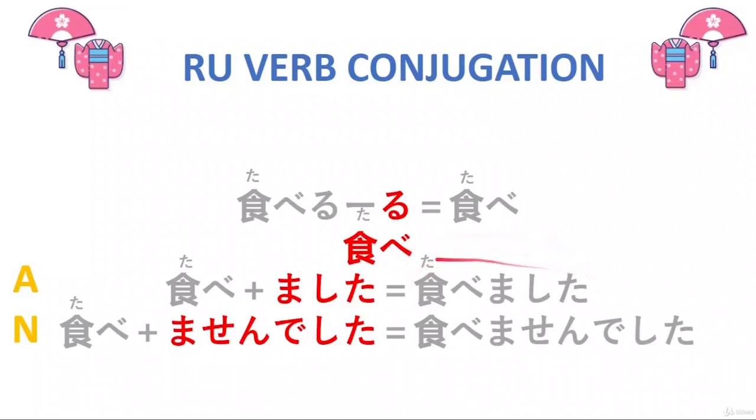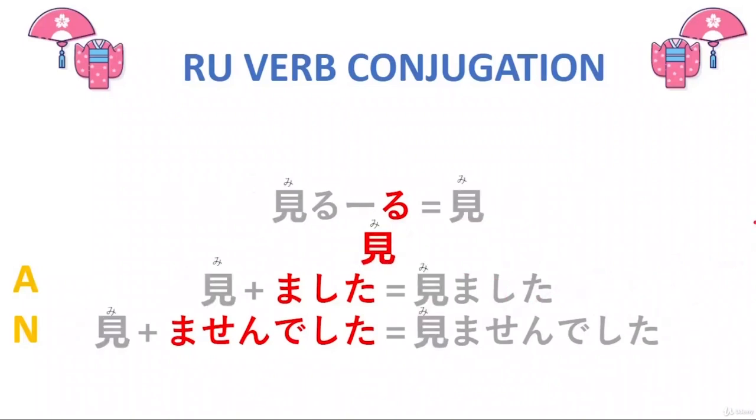Now for the past negative, to tabe, we need to add masen deshita, and then we would have didn't eat, tabemasen deshita. Very good. So we have ate and didn't eat. Perfect.